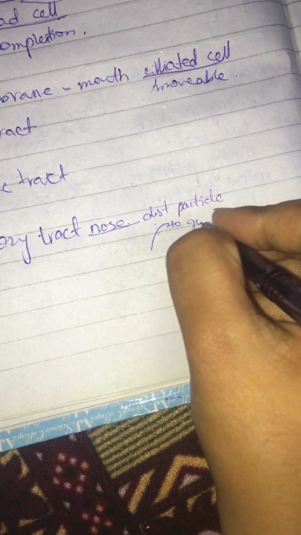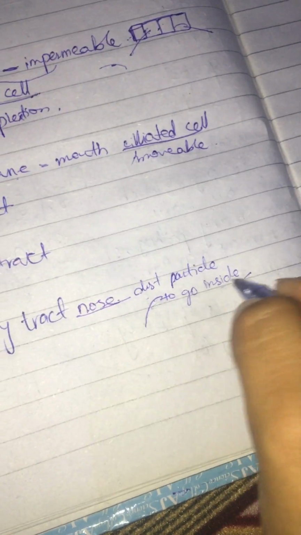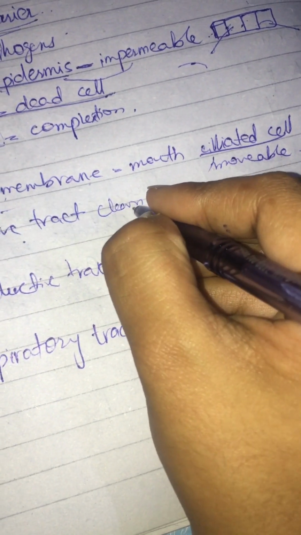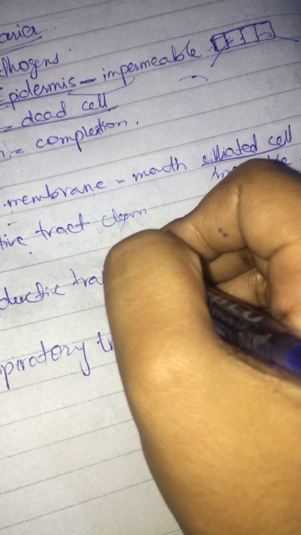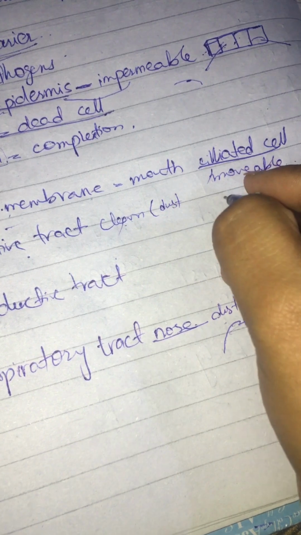If we start with the respiratory tract, we inhale air from the environment through the nose, and if that air has dust particles, the mucous membrane will clean it and then allow it to go inside the body. If the air is clean, it will go further down. If it still has dust particles, that will create sputum.